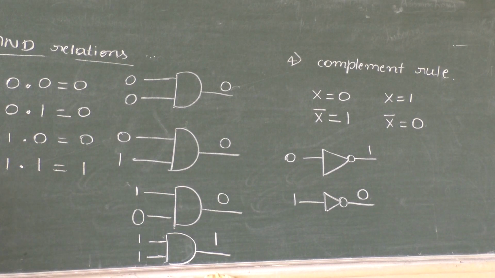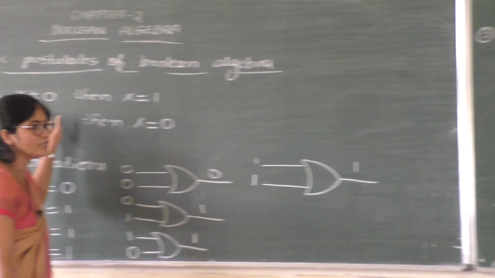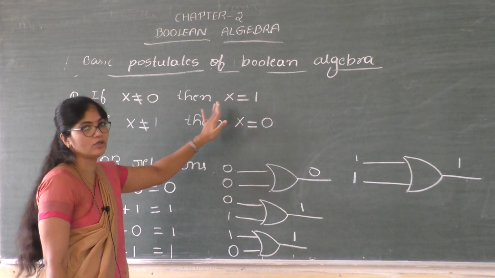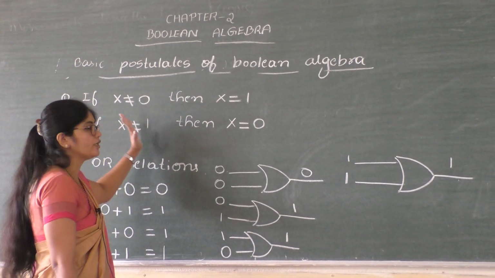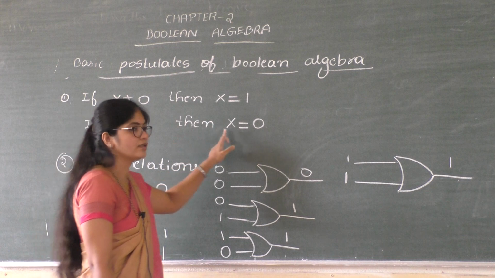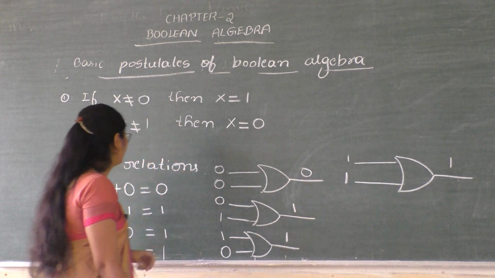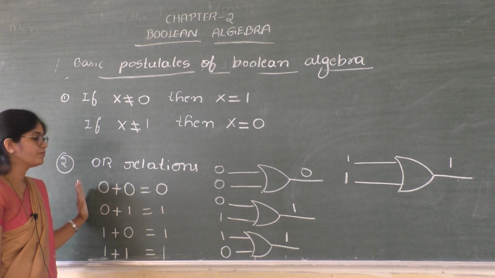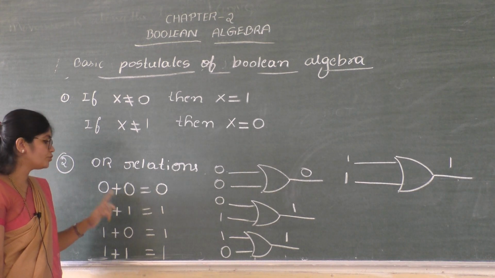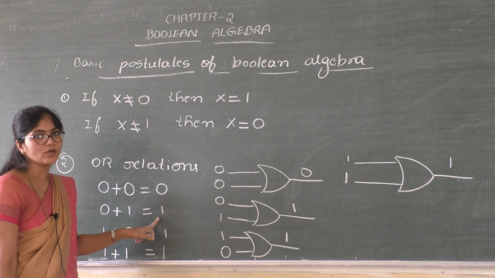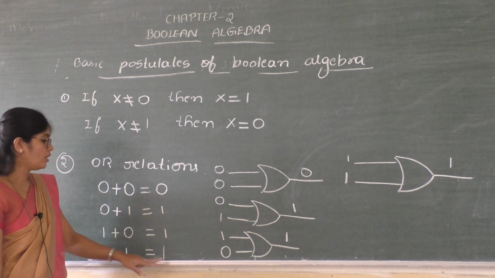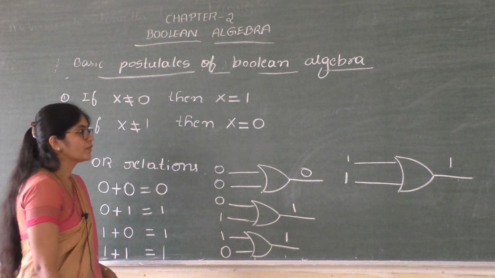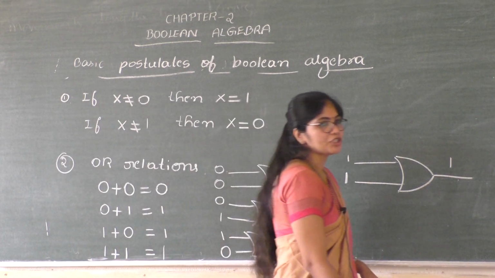First postulate, if x is not equal to 0, then the value of x equal to 1. If x is not equal to 1, then the x value is equal to 0. Second postulate, OR relations. In OR relations, if any one of the input signals is 1, the output is 1, or if all the input signals are 1, the output signal is 1. Next, AND relations.